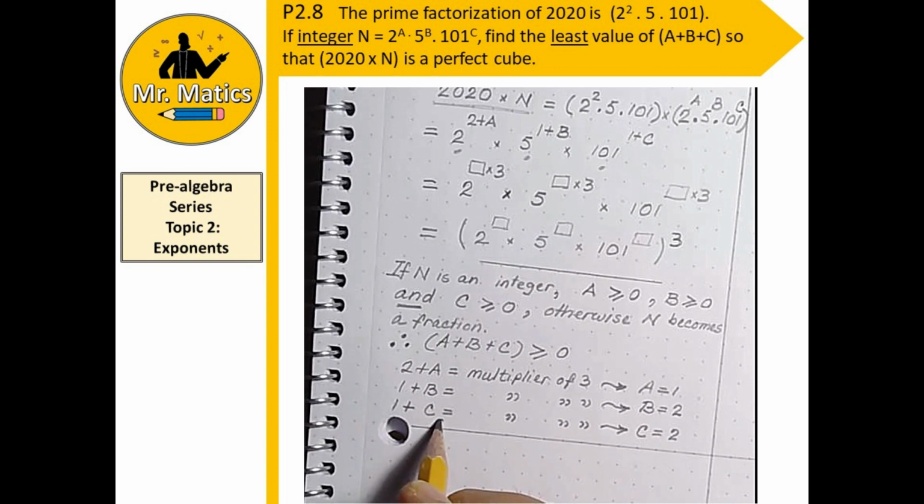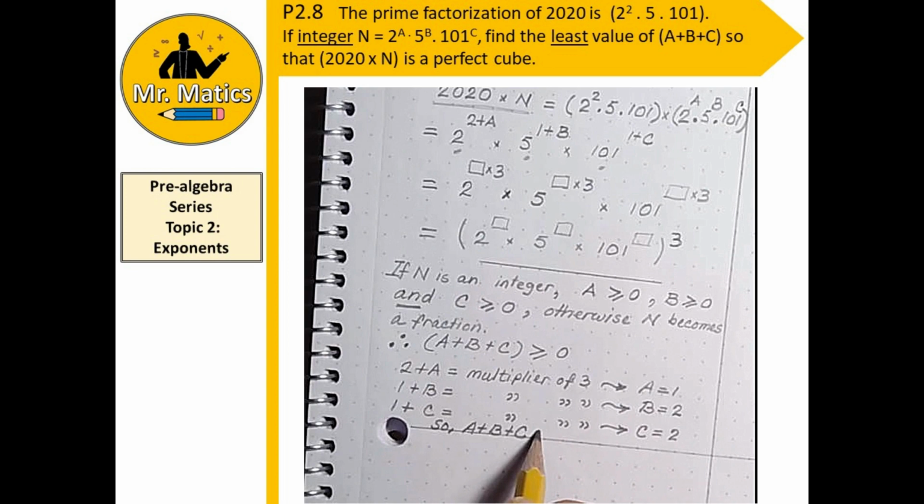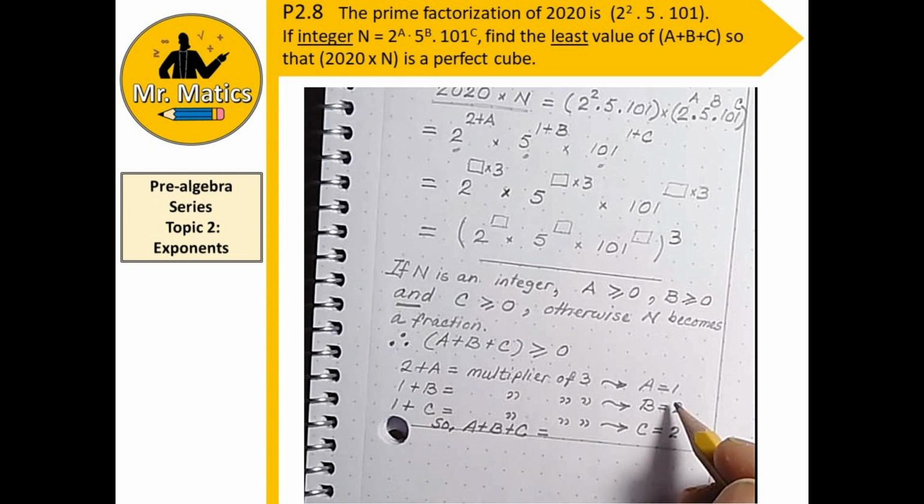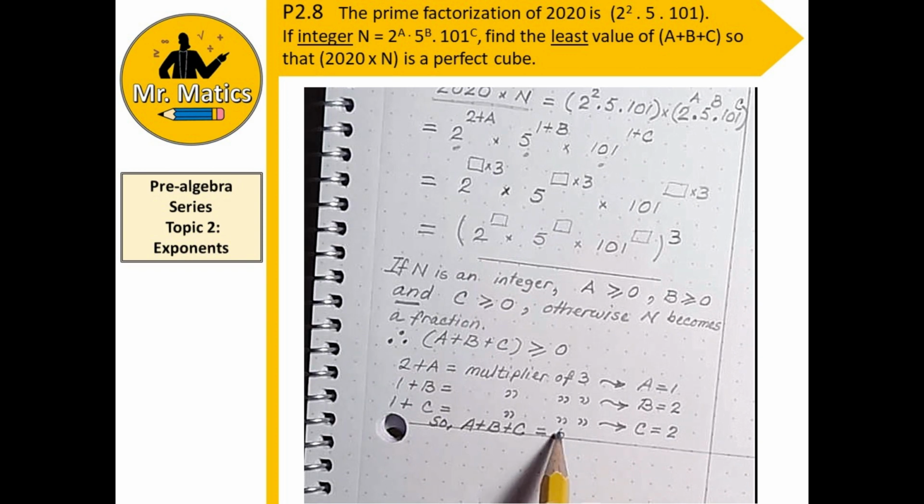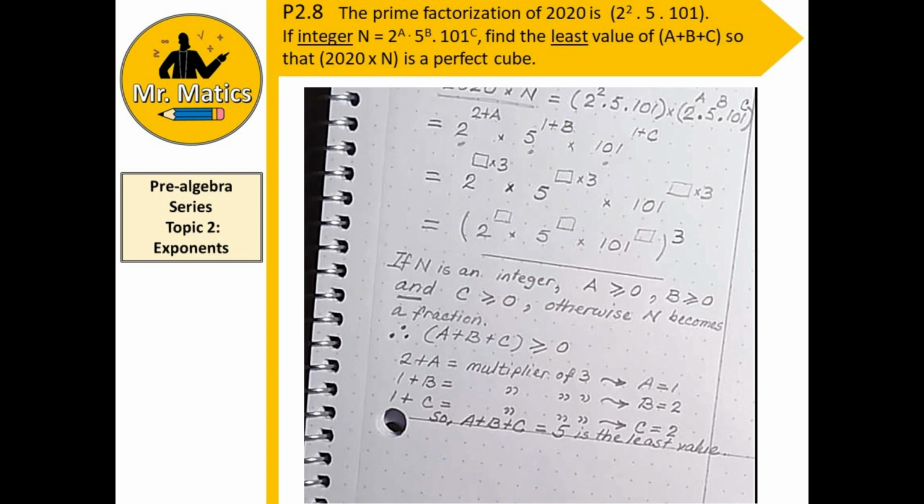So a plus b plus c is 1 plus 2 plus 2, which is 5, the least possible value. So the answer is 5.